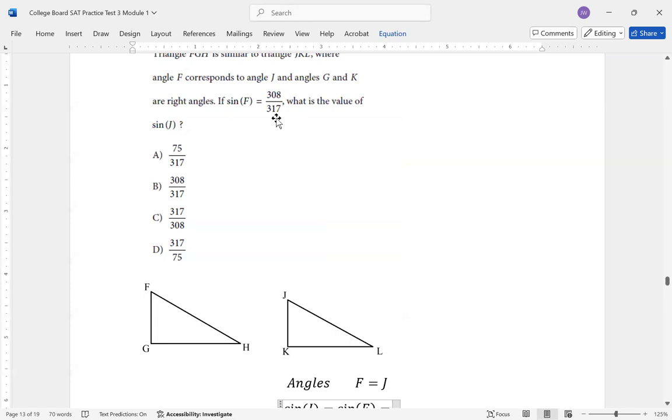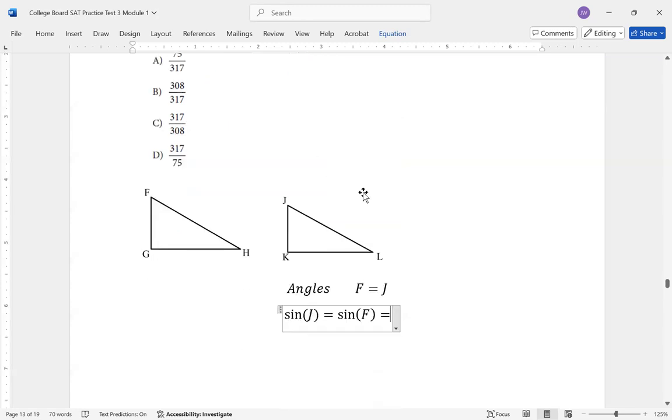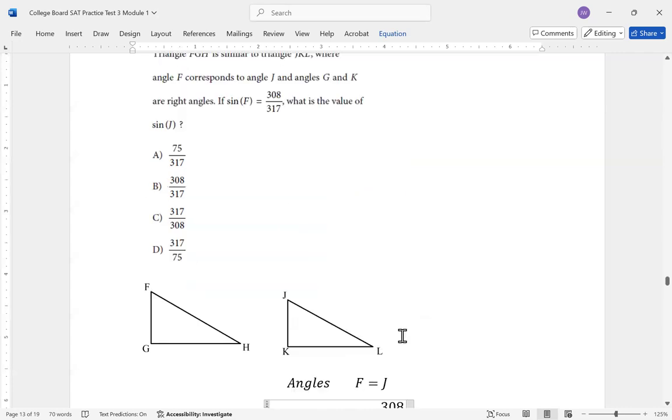That's what's given in the problem. So since we get 308 over 317 as the sine of F, and F and J are the exact same angle measurements, then sine of J also has to be 308 over 317.